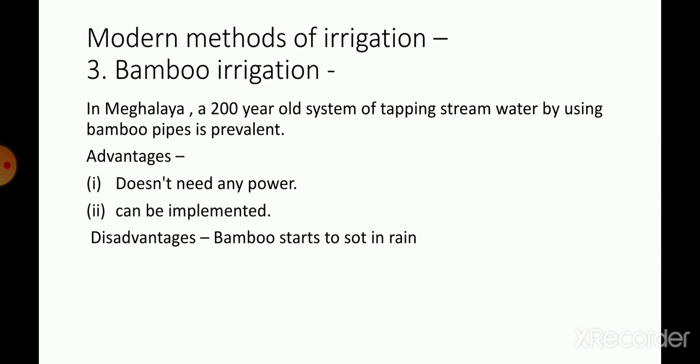Advantages of bamboo irrigation. Does not need any fuel or power. Can be implemented. Disadvantages. Bamboo starts to rot in rain. This is the end of this chapter.